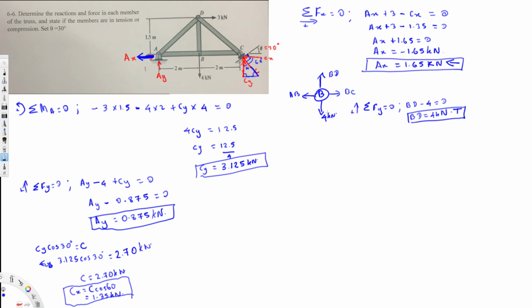And then let's see what else we have with two unknowns. So we have pin A with two unknowns. Let's pick A and solve it. AD right here, we have AB right here.